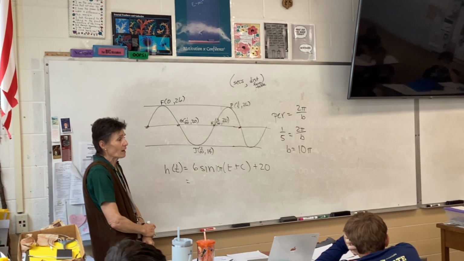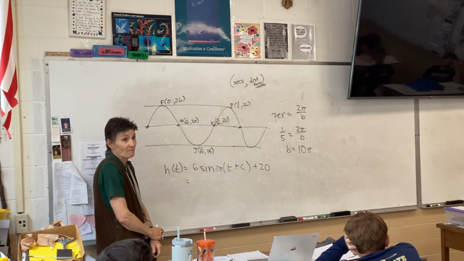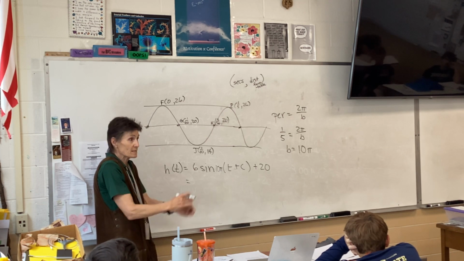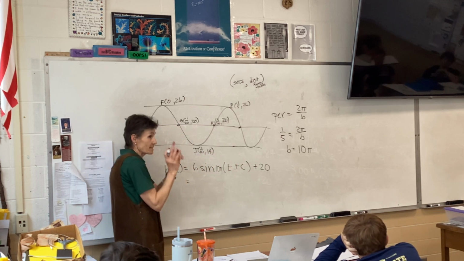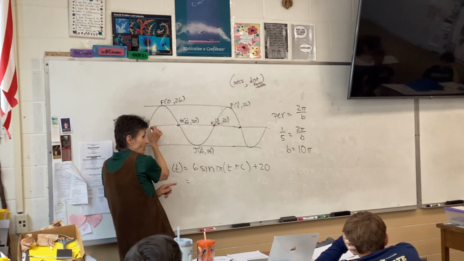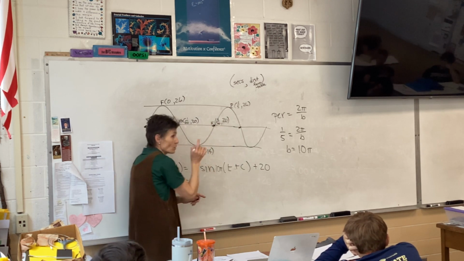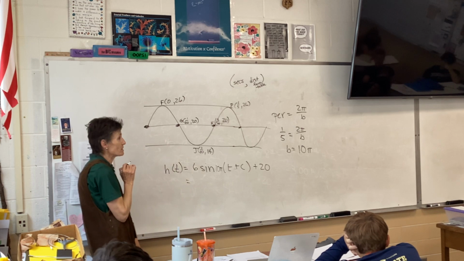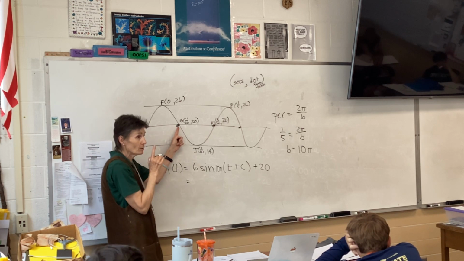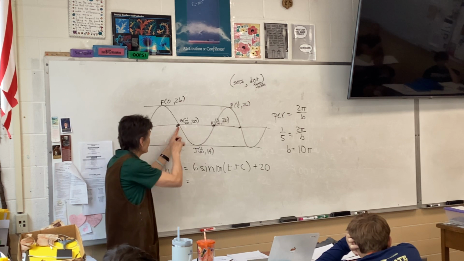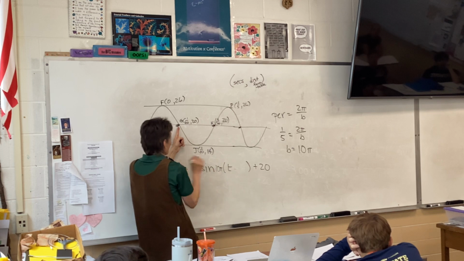Right, now I got to figure out my C, and my C is going to be my phase shift. So this is where you could be different from each other. If it's a sine curve, we're either going to start it here, or here, or here. Those are the starting places for the sine. So, if you choose to start it here, what are you going to have in there?